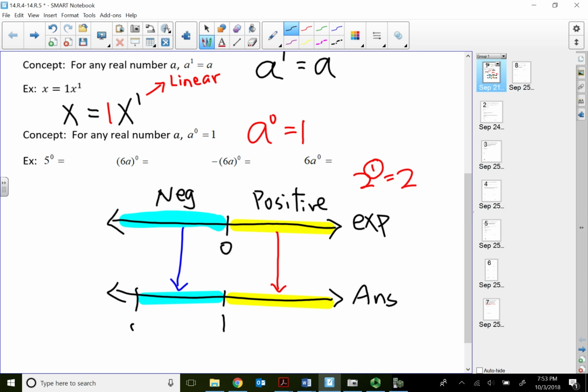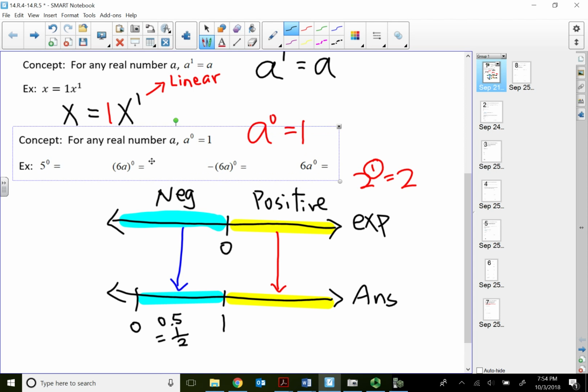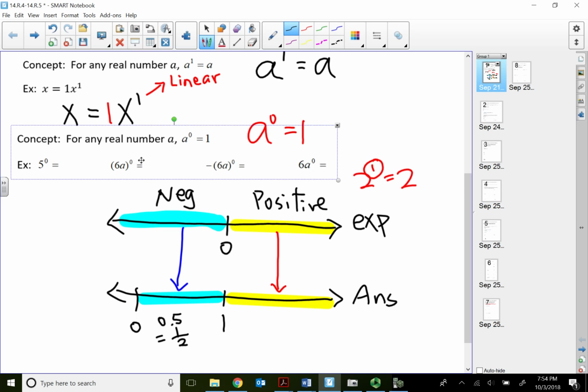That means it is always going to give me an answer between 0 and 1, just like 0 point something. For example, any decimal between 0 and 1, like 0.5, which is equal to a half. So a negative exponent will always give me a decimal that is 0 point something, or a proper fraction.